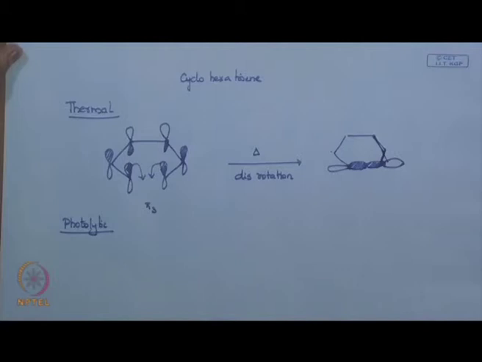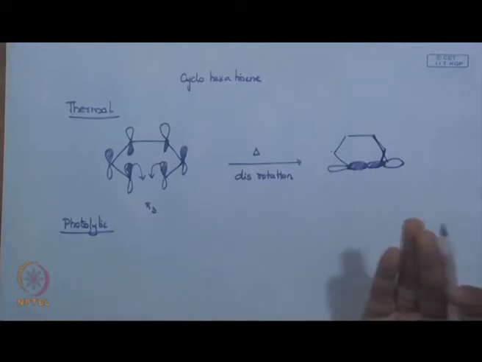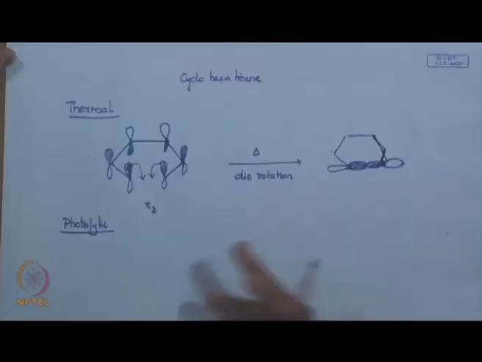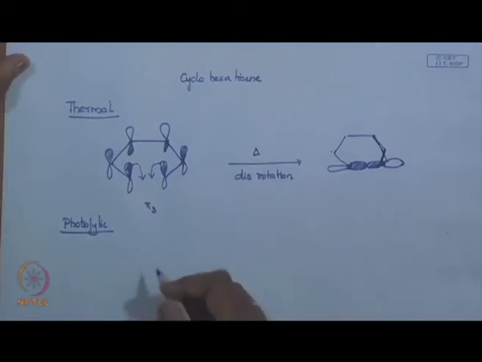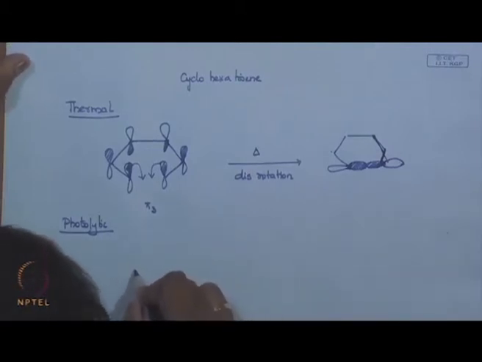Now, we see what happens in the photolytic condition. When you do photolytic, what can you expect to happen? Just put in your orbitals, that is all. That will tell you whether it is dis or con. So, photolytic means what do you have to think about? Yes, pi 4, that is your LUMO system. Just draw that.